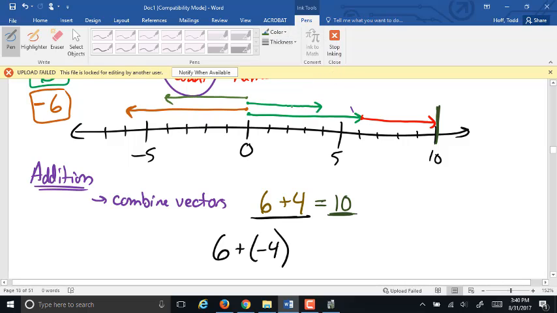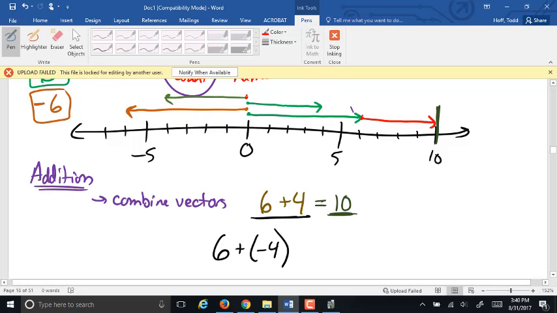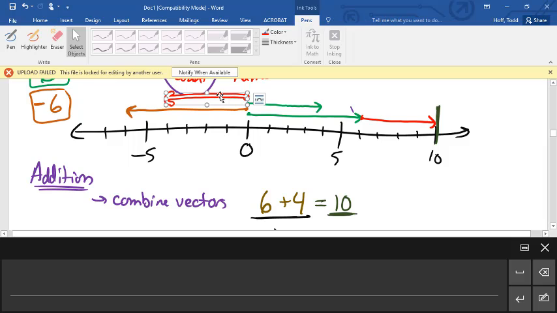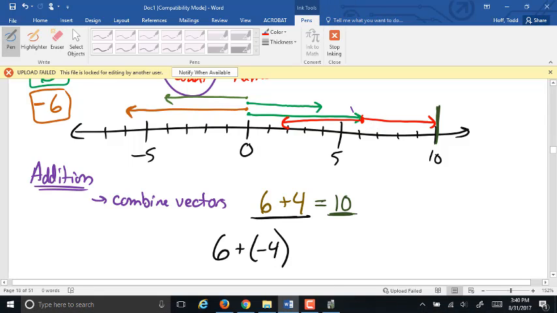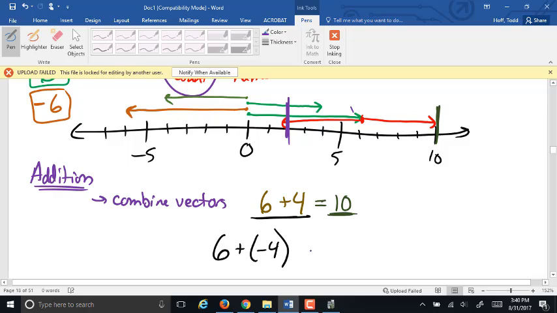It is the same magnitude as the positive 4, it just goes in the opposite direction. So if I take that vector and I combine it with 6, if I draw it to scale, I can see I end up at 2, right? 6 plus a negative 4 is 2.